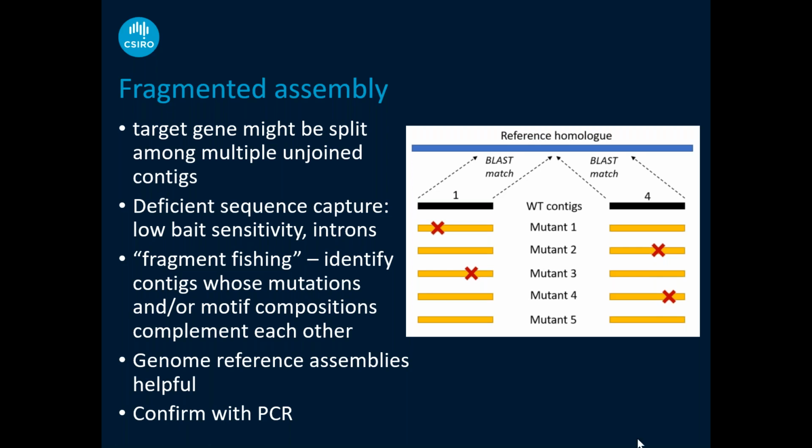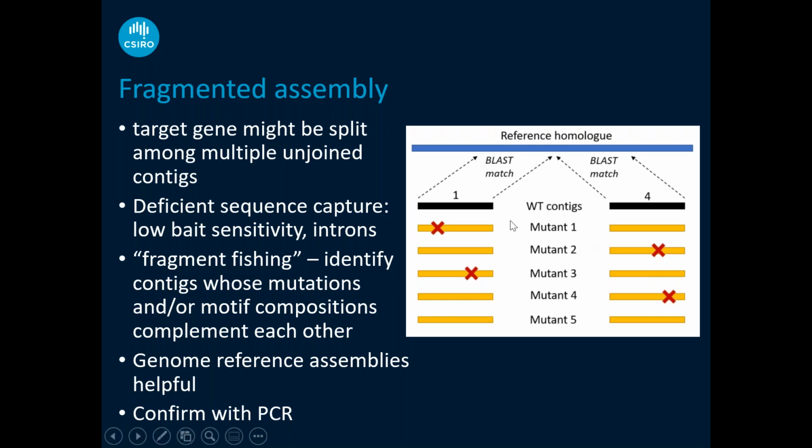One way to overcome this is what I call fragment fishing. So it's identifying contigs whose mutations and/or motif compositions complement each other. And this is where genome references can become really helpful.